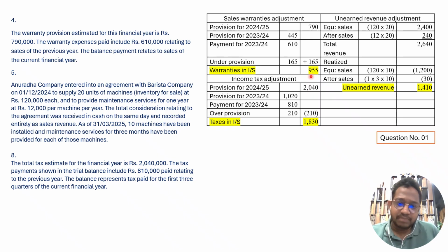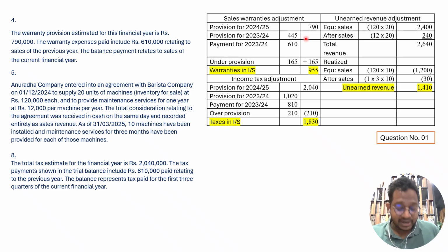For this year, the sales warranty is 790, and the sales warranty payment appearing in the trial balance is 850. So this 850 includes 610 that was paid for last year, which means you paid 240 for this year.